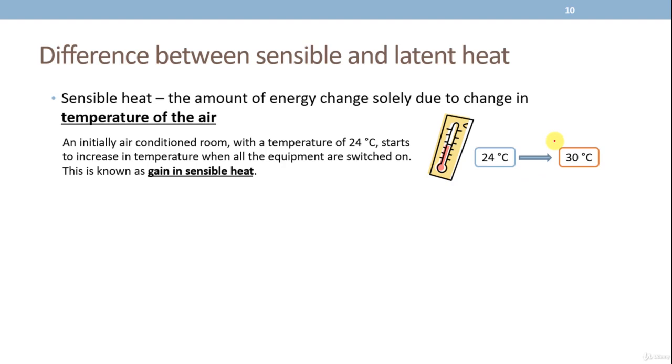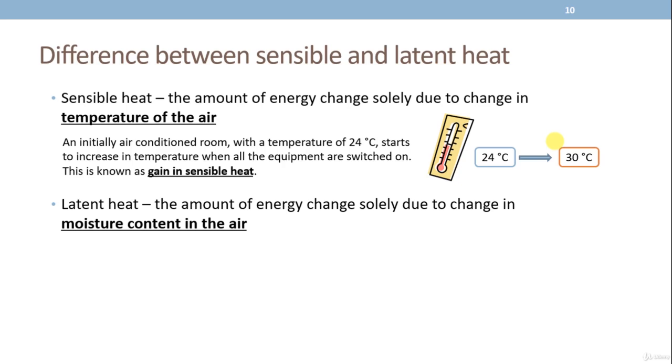And the next one is called latent heat. Latent heat is the amount of energy change due to change in moisture content. This is something that is not so obvious, but whenever you add moisture into the air, you are actually creating a heat load.